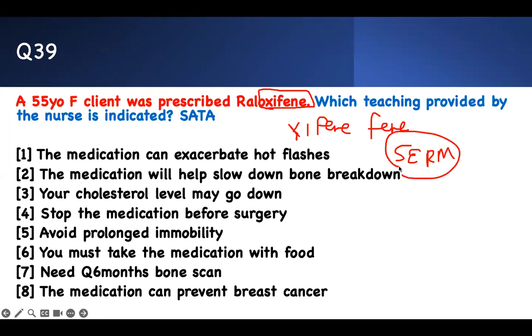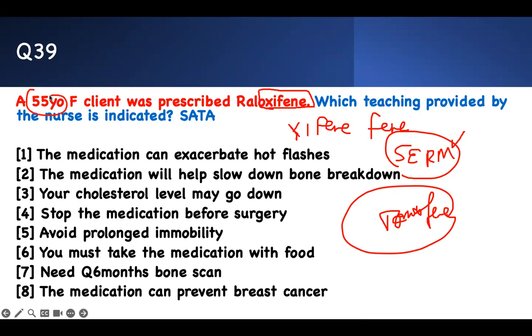It's like tamoxifen. They do the same thing, but these are specific. They bind to specific estrogen receptors to help with certain things.